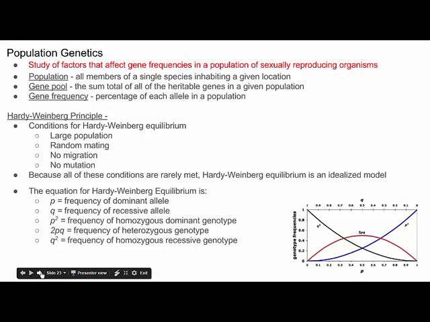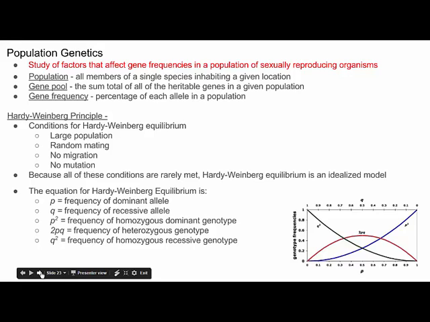And that's what population genetics is, sort of a branch of genetics that people study. And so it's the study of these frequencies of various genes within the population.